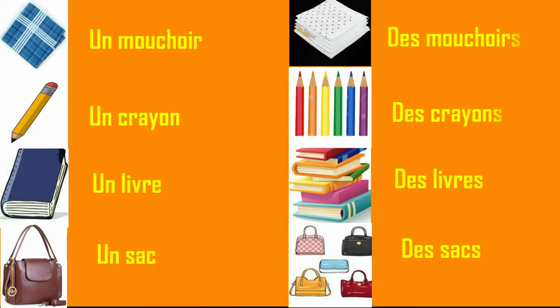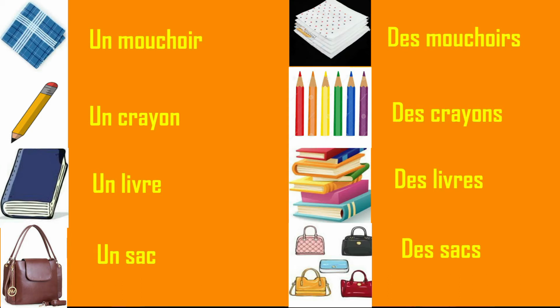Un mouchoir, des mouchoirs. Un crayon, des crayons. Un livre, des livres. Un sac, des sacs. A kerchief, some kerchiefs. A pencil, some pencils. A textbook, some textbooks. A handbag, some handbags.